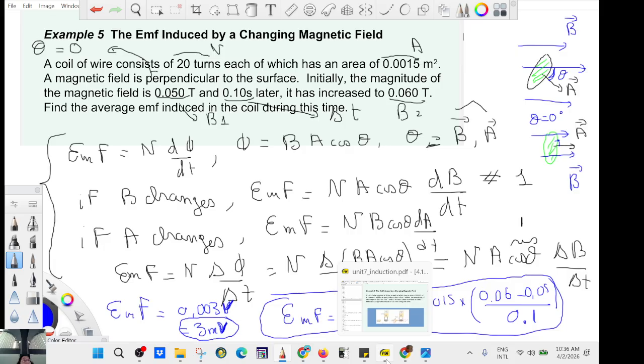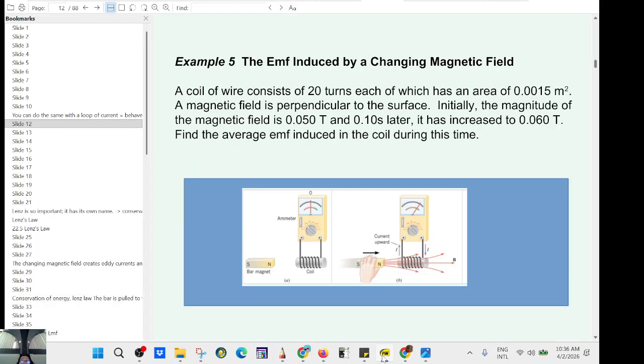Why didn't we use the negative sign? Because the negative sign is here to remind you of Lenz's law. So negative sign means be careful that you have to use Lenz's law to find the direction of the current. If it's increasing, it's going to flow in one direction.